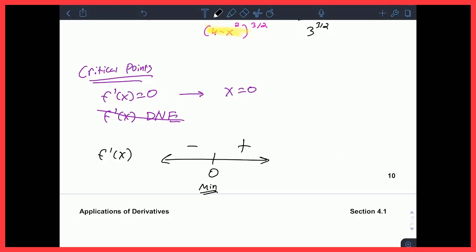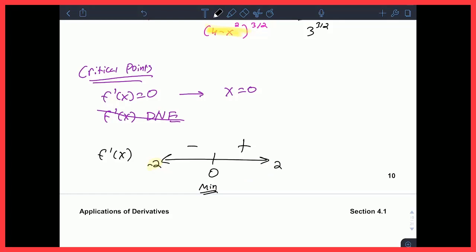Well, in order to understand that, let's consider this function. We're only defining it from negative 2 to 2. At the left endpoint, negative 2, we're decreasing, decreasing, and then we're increasing until we get to the right endpoint. That means this function, even though we've considered all possible values, will never go lower than x equals 0, which means x equals 0 is an absolute minimum value.